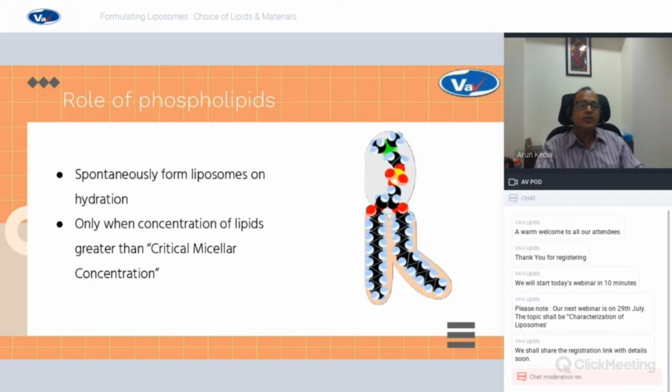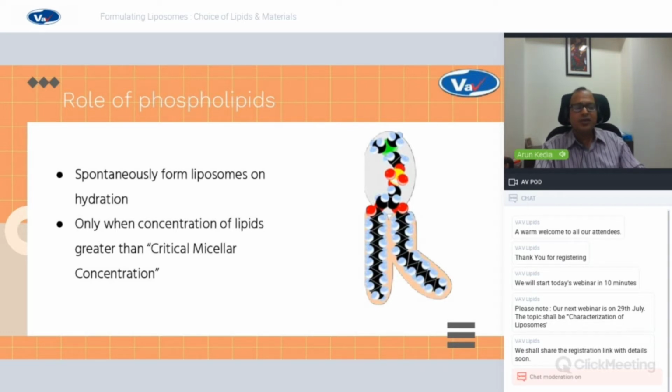So phospholipids will form liposomes spontaneously on hydration. This is a statement which you hear quite often enough. Except there is a condition: only when the concentration of lipids is greater than the critical micellar concentration.